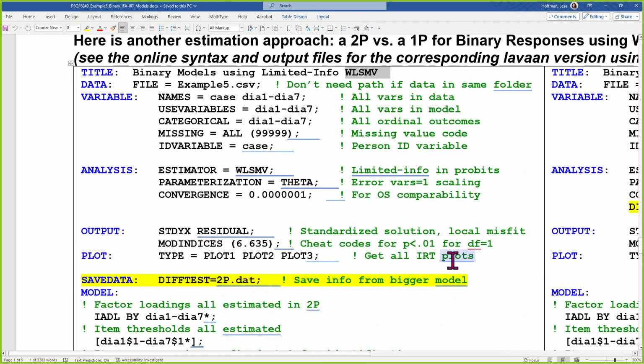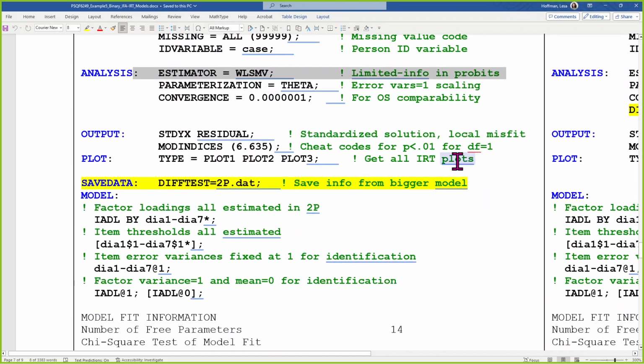There we go. So to change to limited information, estimator equals WLSMV, parameterization equals theta. So there are two different ways to estimate this model in terms of how it's scaled. This one corresponds to probits.